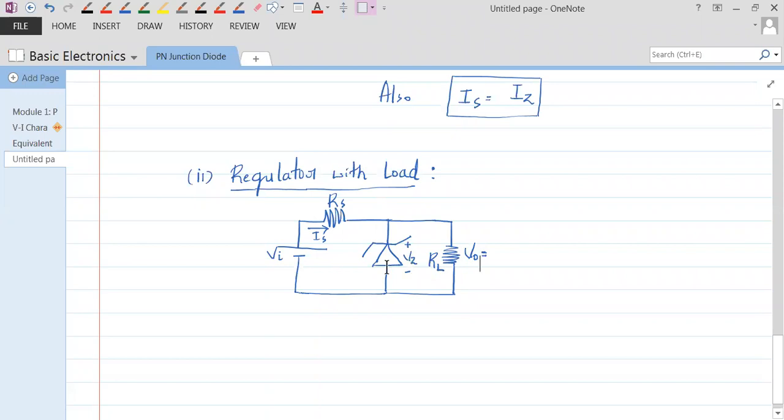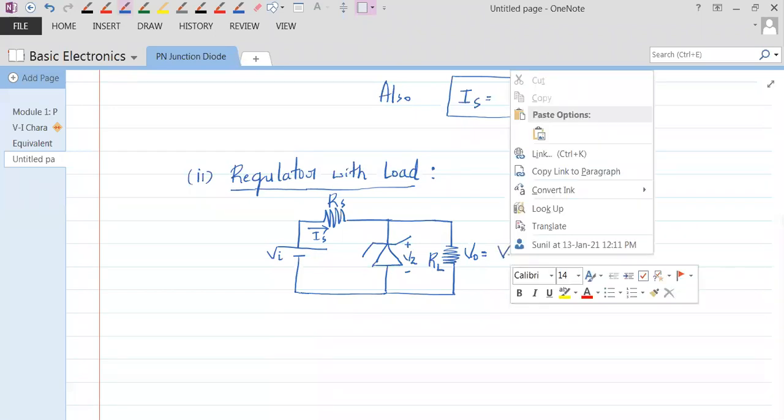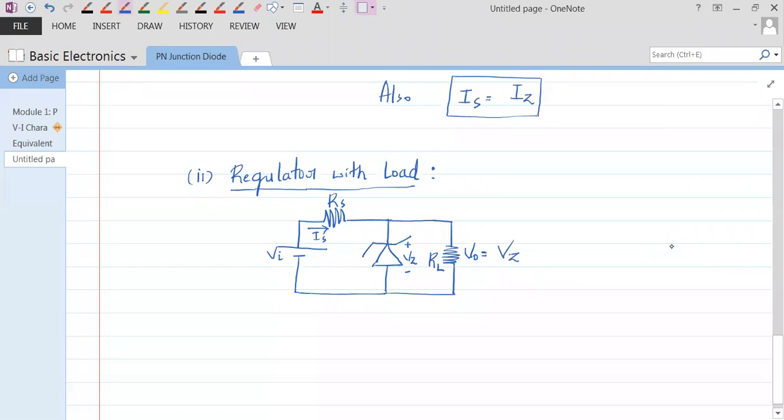Since these two are in parallel, the voltages that drop across these two elements would be the same. That's why the voltage V naught across RL would be equal to the voltage dropping across the Zener diode.